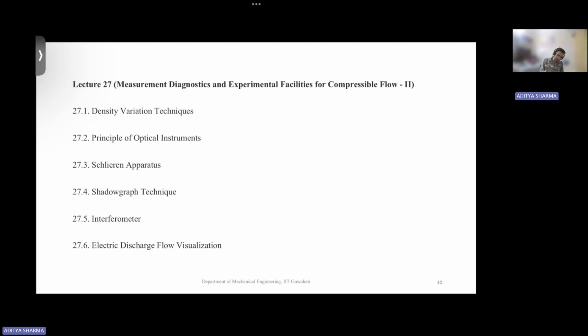Then in lecture number 17, regarding density variations and how we capture them in compressible flows, this has been discussed. Then about your optical instruments, discussion has been done.